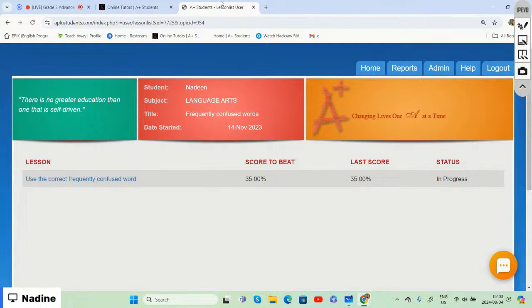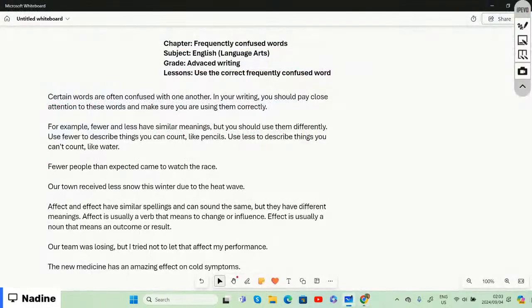All right. And we say that our chapter is frequently confused words. Our subject is English Language Arts.